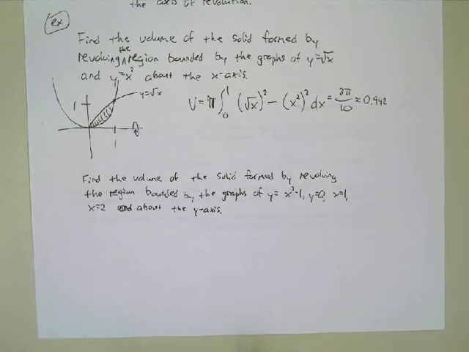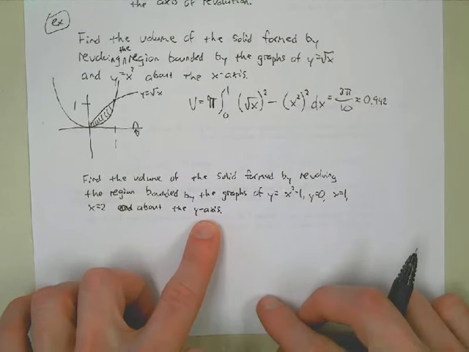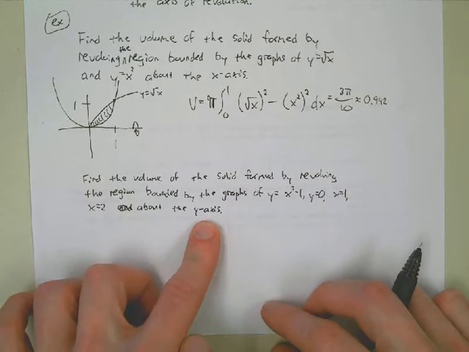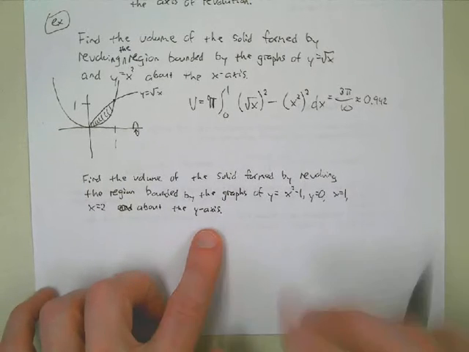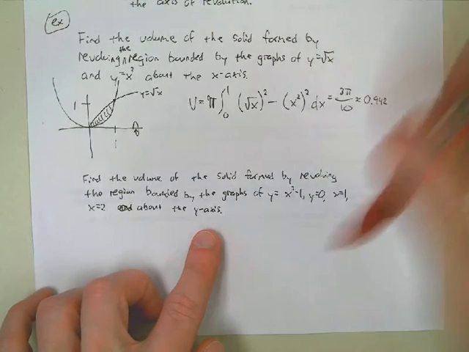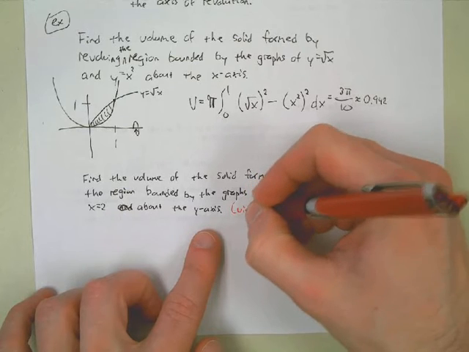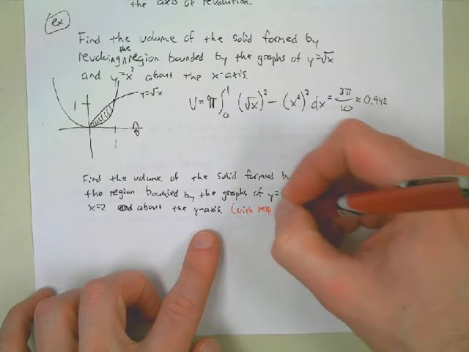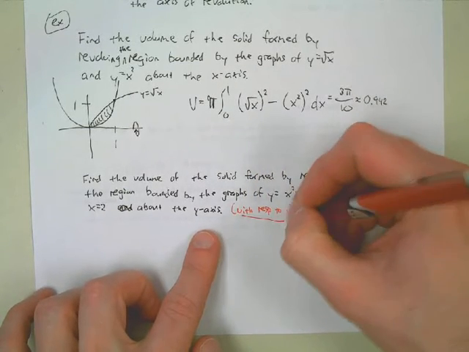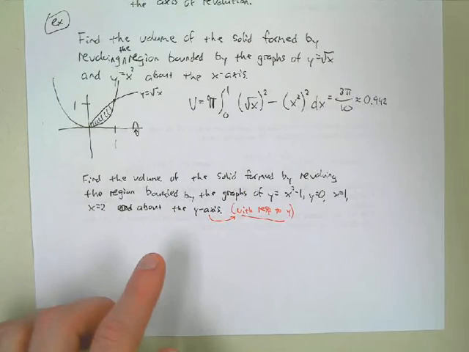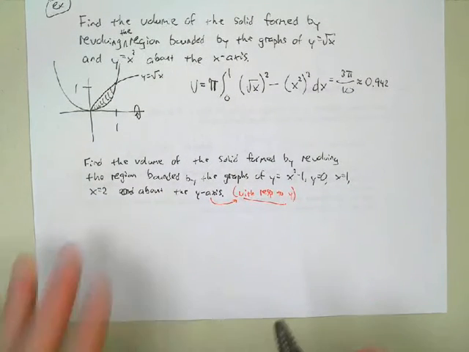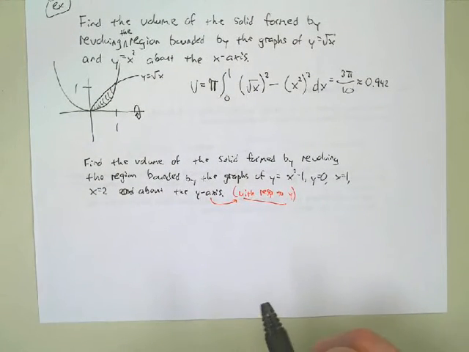So right away, we're rotating about the y-axis. That's a vertical axis of revolution, so we need to do things with respect to y. All right, so let's see what this looks like.